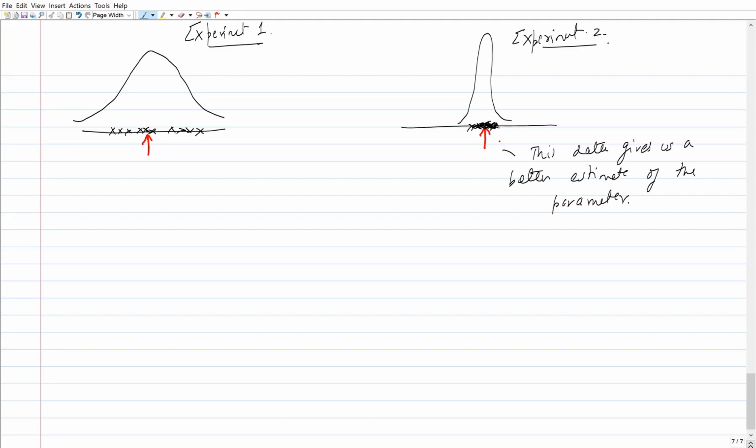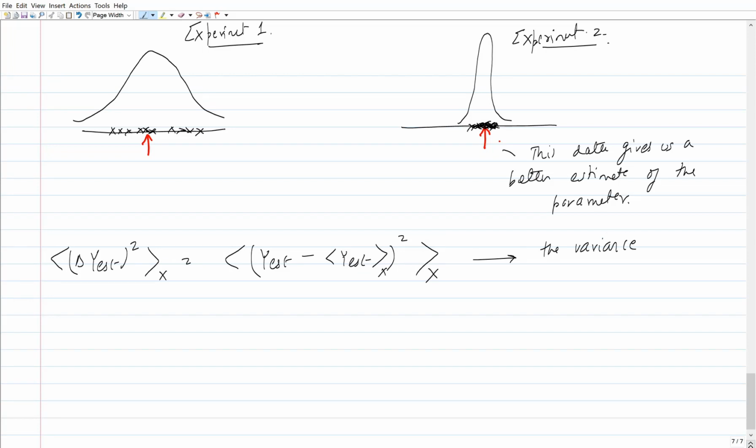And it sort of makes sense. So again, the variance is a benchmark of our metrology process. The narrower the variance of the probability distribution of the measurement record, the better we are doing.